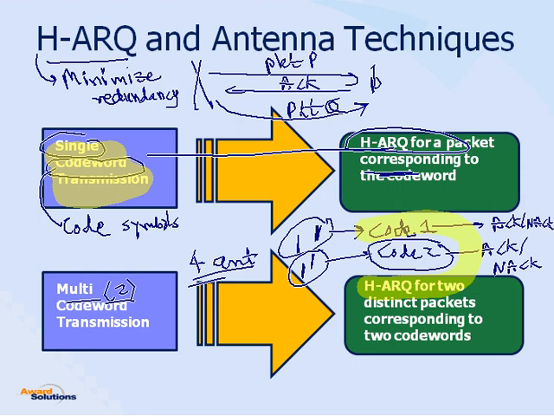If code word 1 has been detected okay, then no need to retransmit that one, right? However, if code word 2 had some problem, then we will retransmit code word number 2. So that will make our transmissions more efficient. That is the idea.